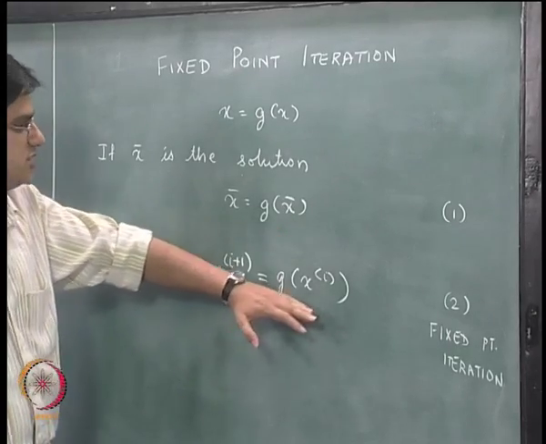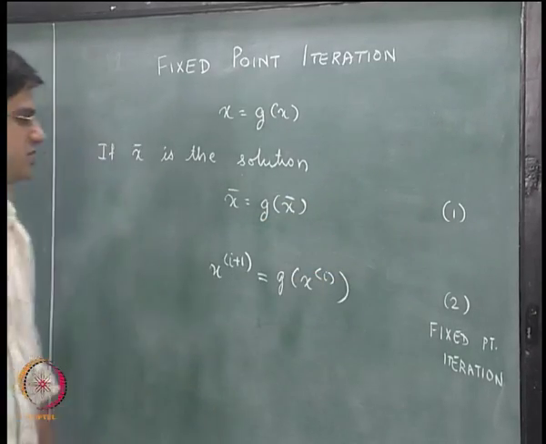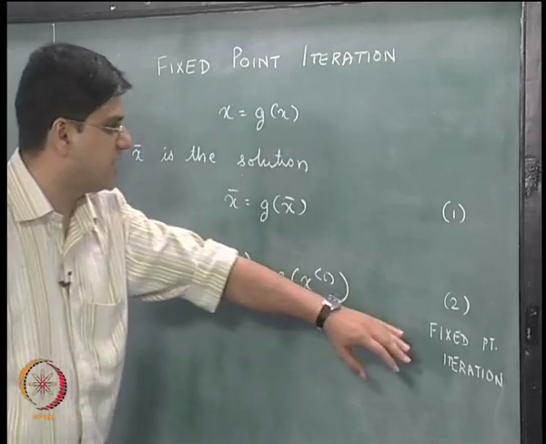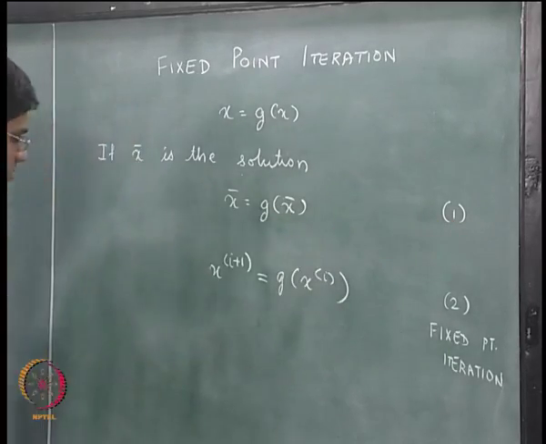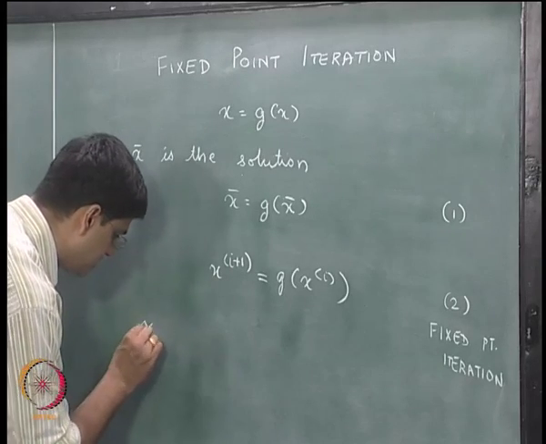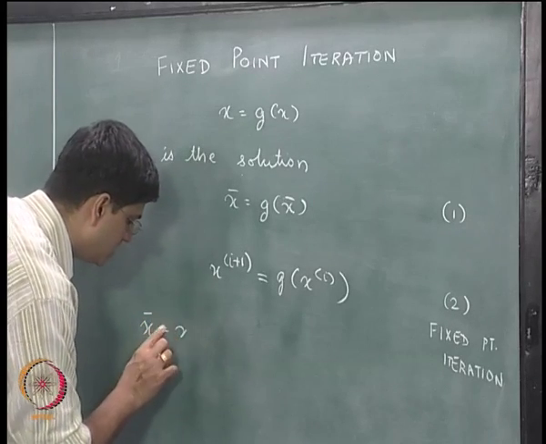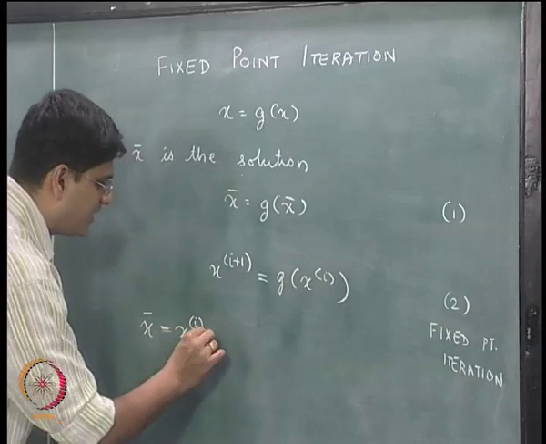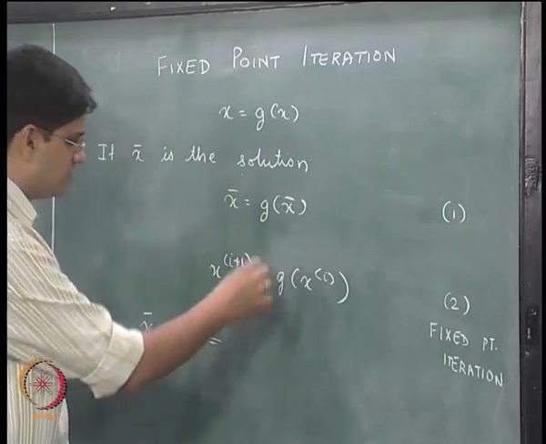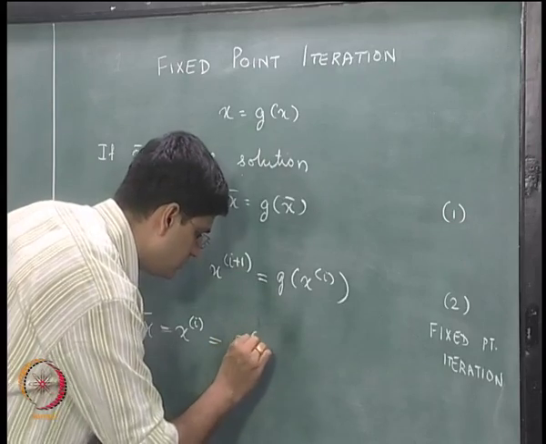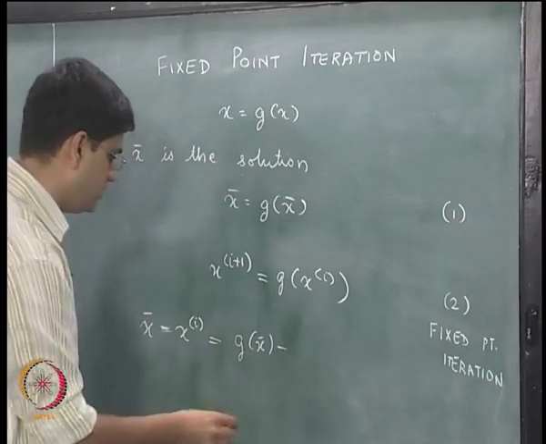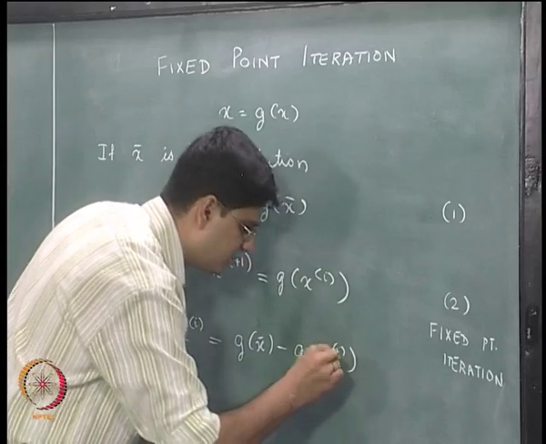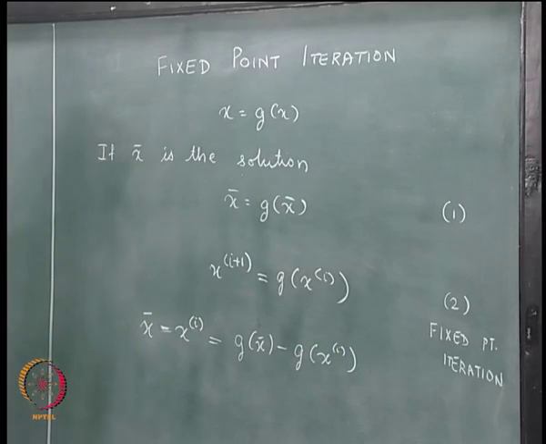What we can just do is subtract equation 2 from equation number 1, and the result of that subtraction is going to be x bar minus x_{i+1} is going to be equal to g of x bar minus g of x_i.